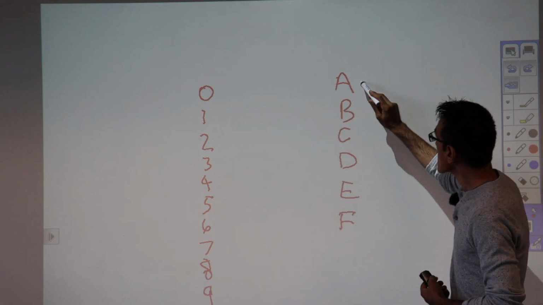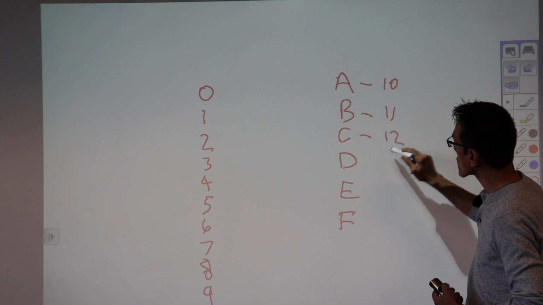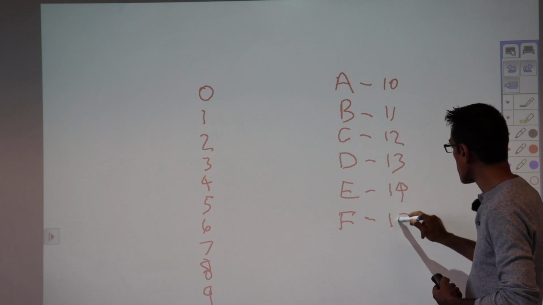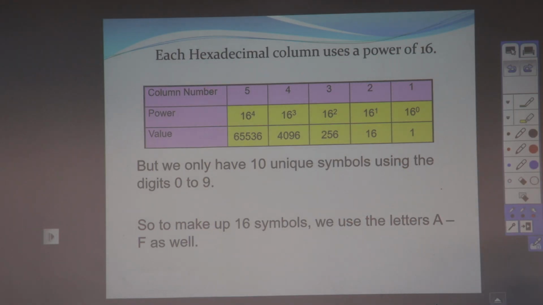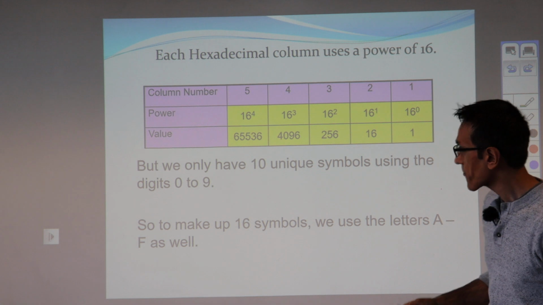After 9, A represents 10, B is 11, C is 12, D is 13, E is 14, and F is 15. Those are the numbers that we have at our disposal.